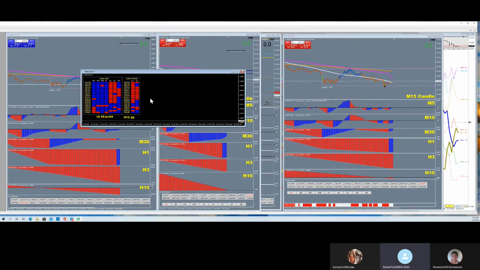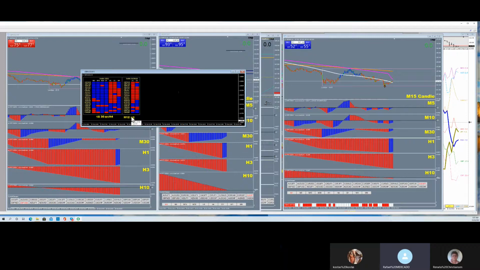H12 is fine. D2 is just the overall picture of what the market is doing. I could adjust it to an H10, but that will make the D2 a little less, so it won't make much of a difference. But I can play around, and once I adjust it, I'll let you know what I put on there.